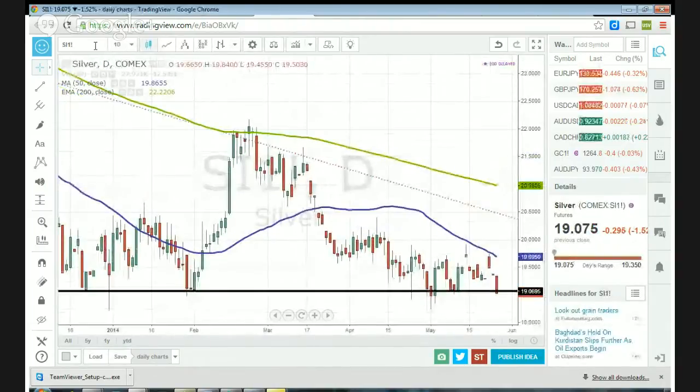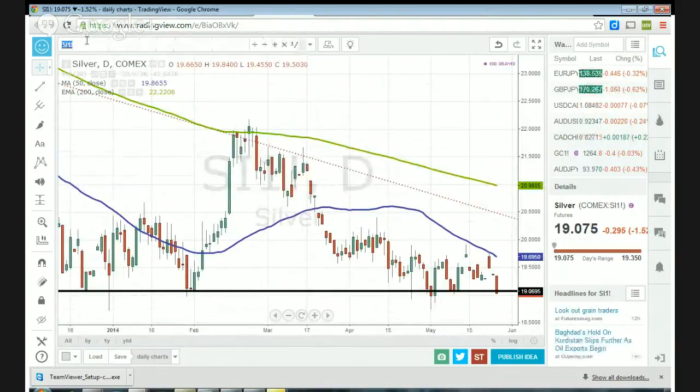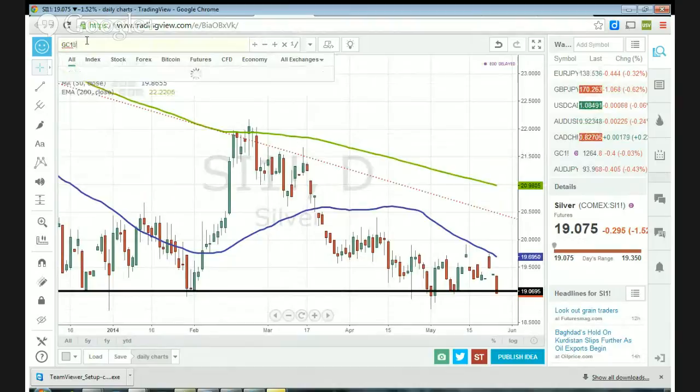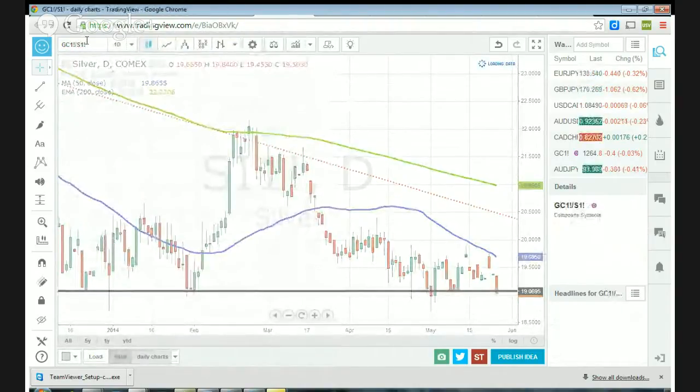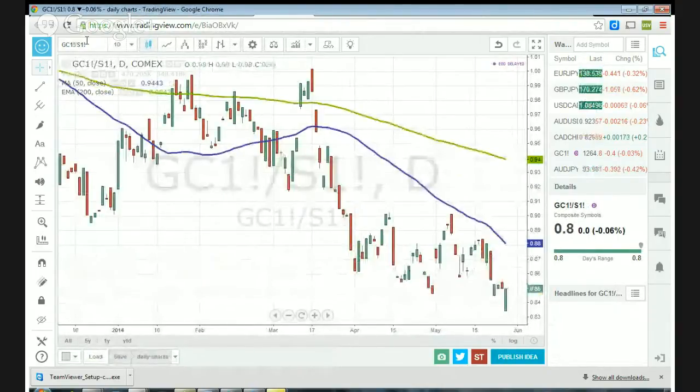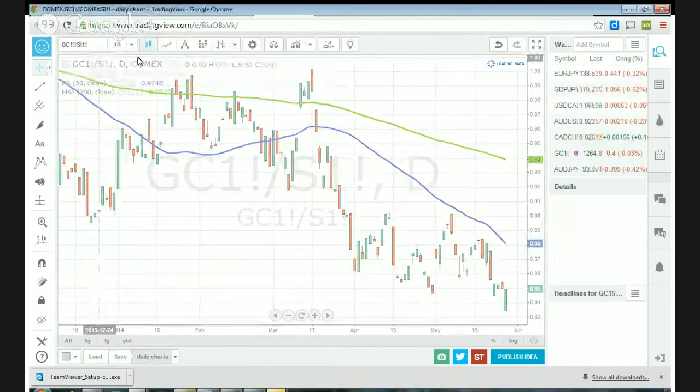Silver also had a big down day, but to put it in relative context, let's see what the gold-silver ratio did yesterday. I mistyped this, SI.